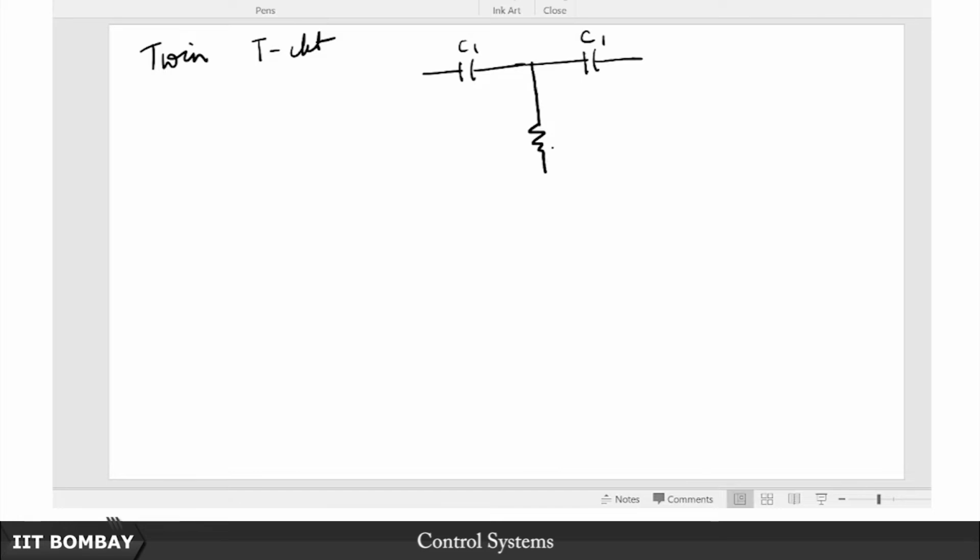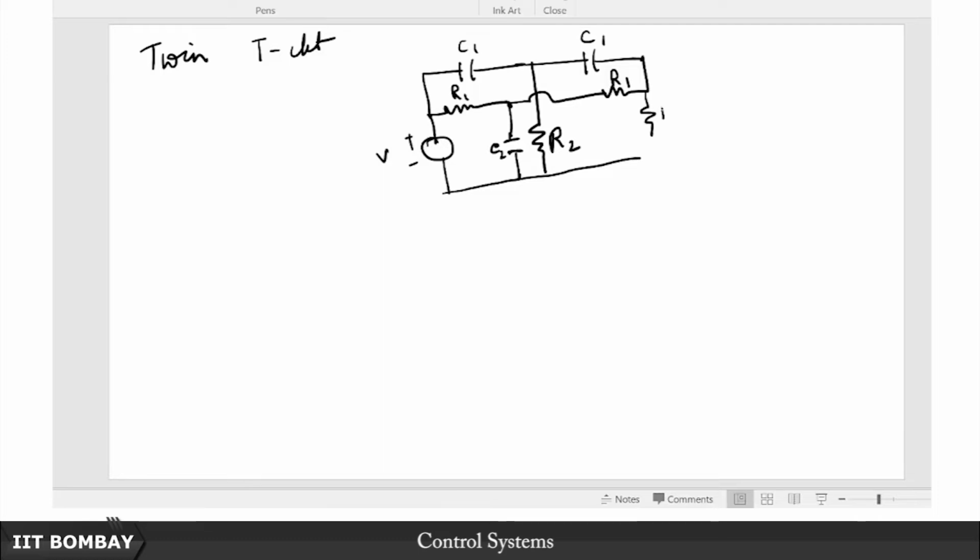and let us say here you have this R2. So here you have this R1, there is also R1, and here you have a capacitor, let us call it C2, and you have the voltage source here, the input voltage, and this is where you have your load resistance.